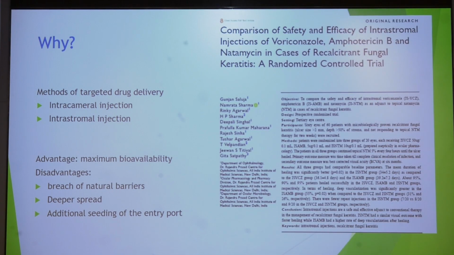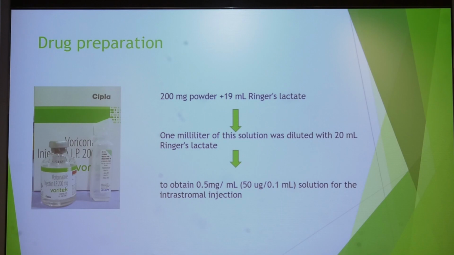Various studies in the literature suggest that intrastromal injections of antifungal agents are quite safe and effective, especially in recalcitrant fungal keratitis. With this, I would like to take you through the preparation of the various drugs used as intrastromal or intracameral injections. Let's first start with voriconazole.